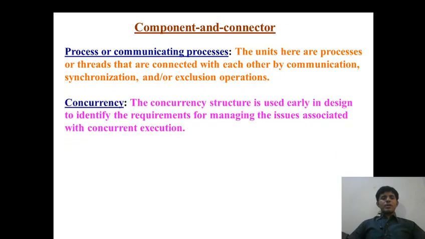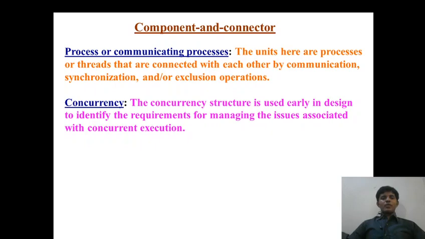Next one, concurrency. Concurrency is a very important architecture when we are working on a multi-programming system or parallel processing system. This concurrent architecture will be preferred. So before starting implementation, your project should be verified for whether it is a parallel processing or multitasking project.